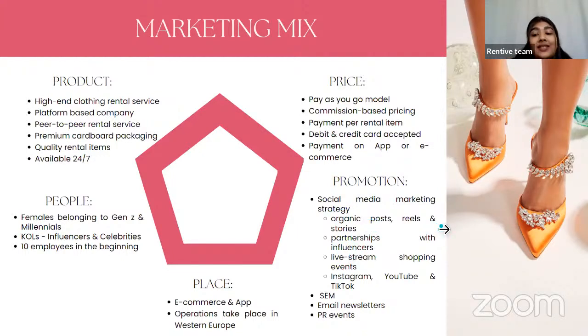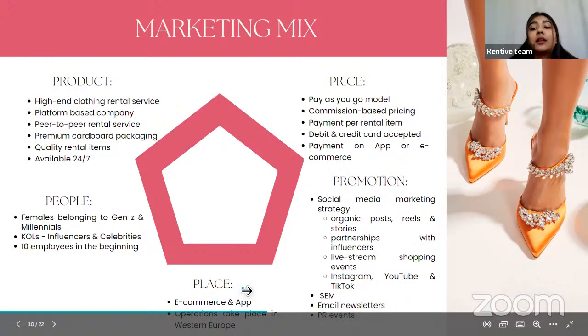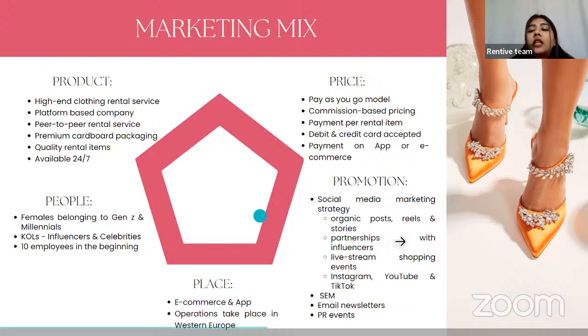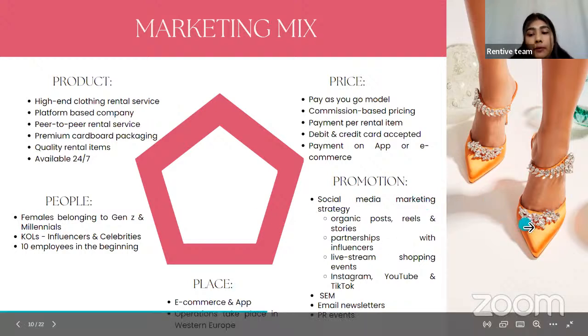People are the most important stakeholders of our company, consisting of our employees and customers, with our primary target being females belonging to Gen Z and millennials, starting with the European region, France, Italy, and the UK. Our key opinion leaders will be influencers and celebrities.